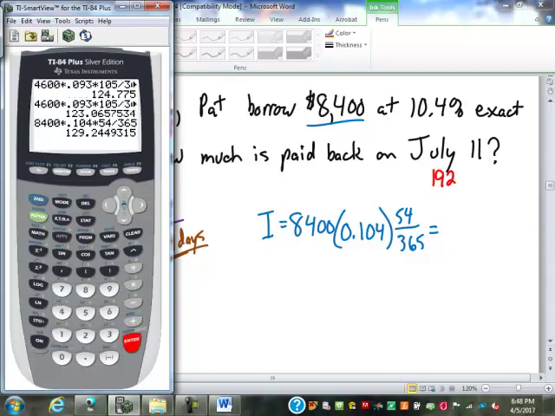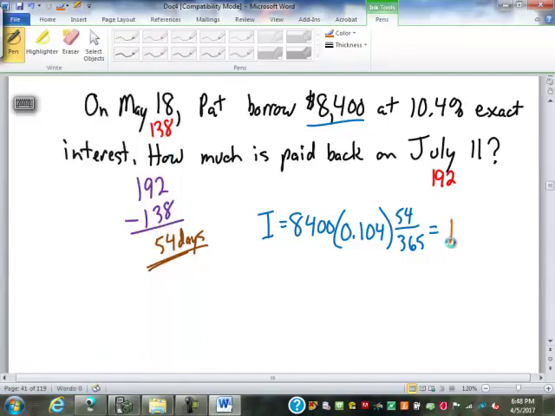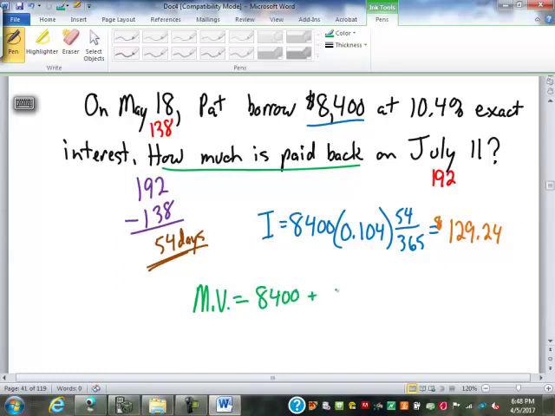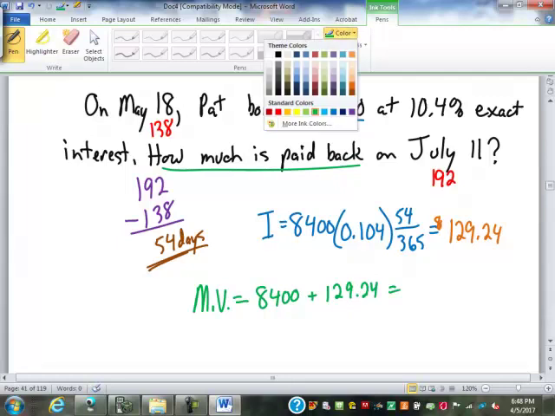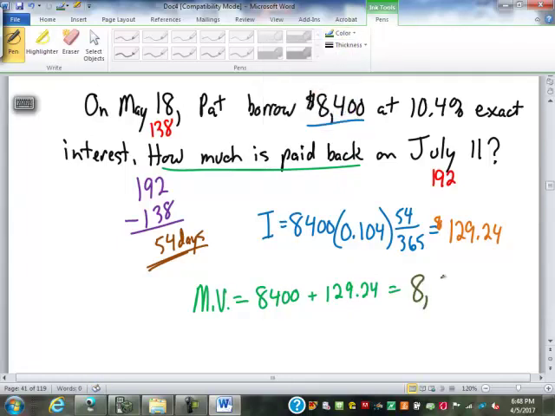I get $129.24. Is that what it's looking for? It says how much is paid back, so it wants the maturity value. 8,400 plus 129.24, $8,529.24.